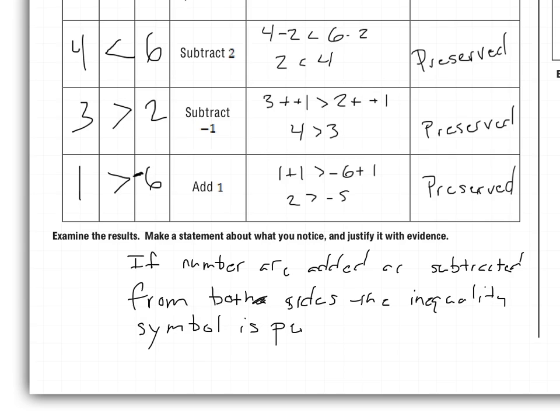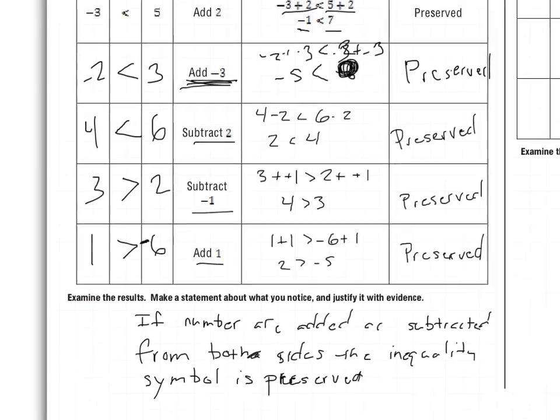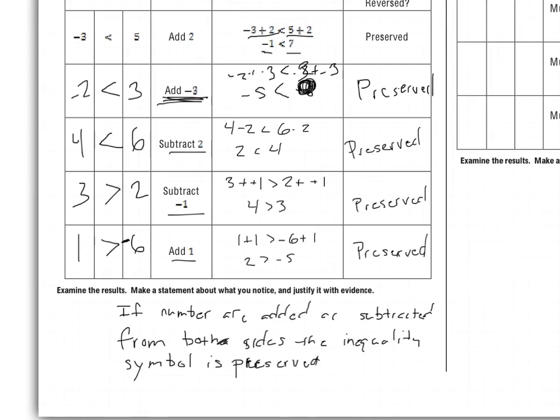And we can see that it doesn't really matter whether it's positive numbers, negative numbers, whatever we see here. We've added positives, we've subtracted negatives, subtracted positives, we've added negatives. It doesn't really matter which value it is. Our inequality symbol always seems to be preserved.